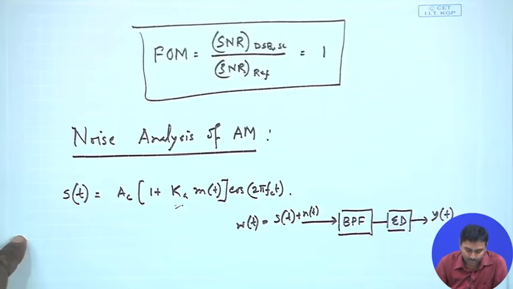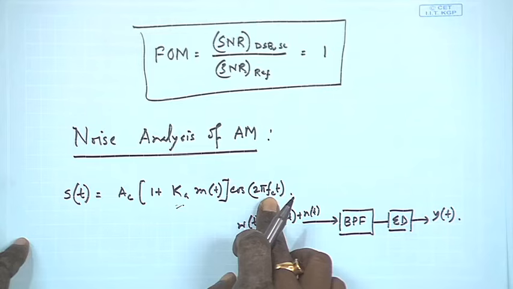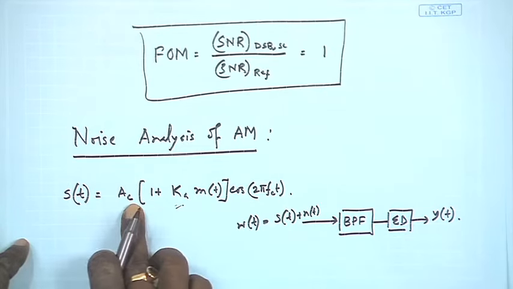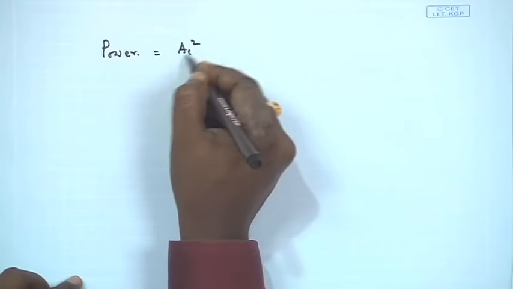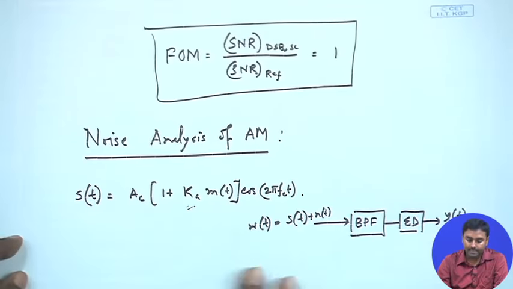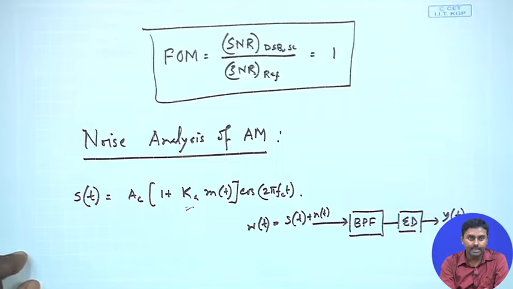Okay. So, the power that will be launched: this Ac cos omega_c t is a cosinusoidal signal with amplitude Ac. We know that the power of that is Ac square by 2, right. This is something we have already done. So, that must be Ac square divided by 2 plus this Ac into Ka, that is already there, right.